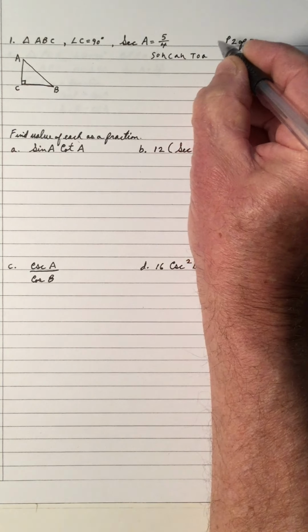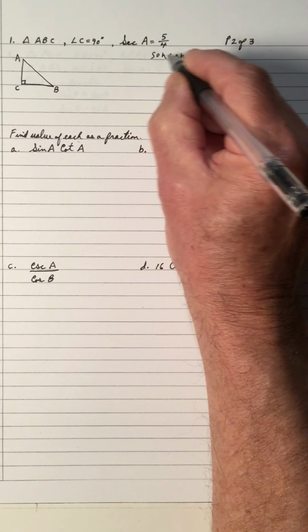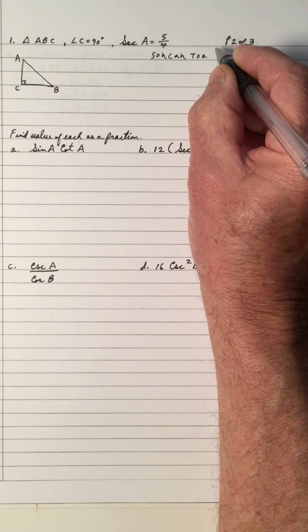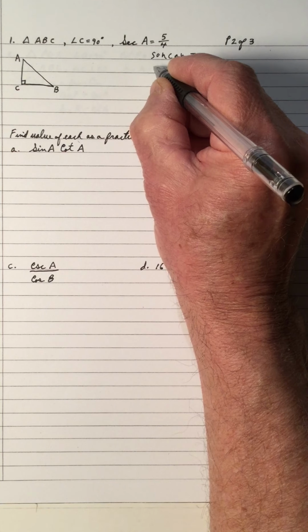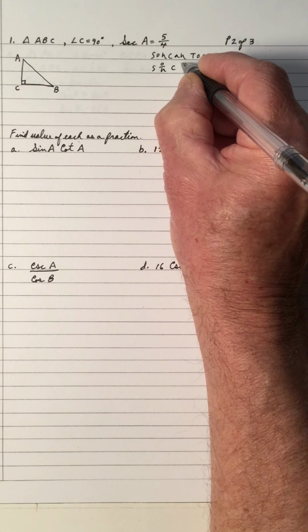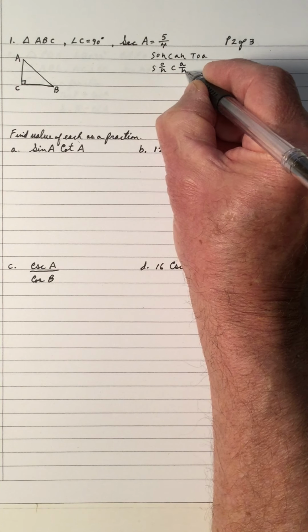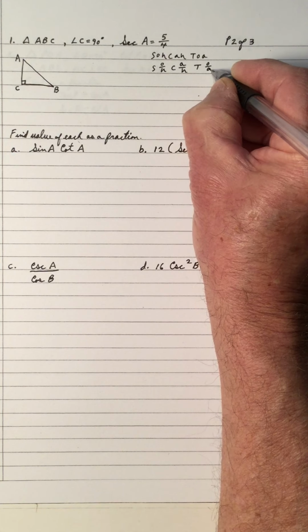SOHCAHTOA gives us the relationships between the sides of a triangle. S stands for sine, which is opposite over hypotenuse. Cos is adjacent over hypotenuse. T is tan, opposite over adjacent.